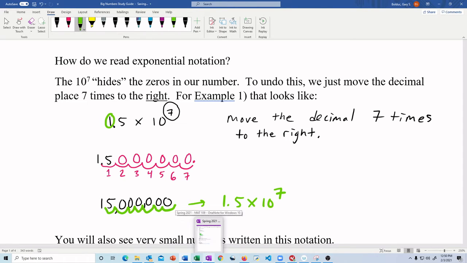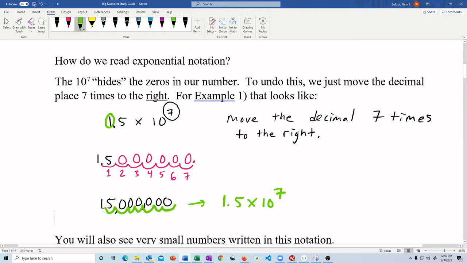So that's the other way. When you have a big number with all these zeros, you start right at the end, and then you move the decimal. Count all the way along, 1, 2, 3, until right before you would have moved all of them, you stop right there. So that is the exponential notation.